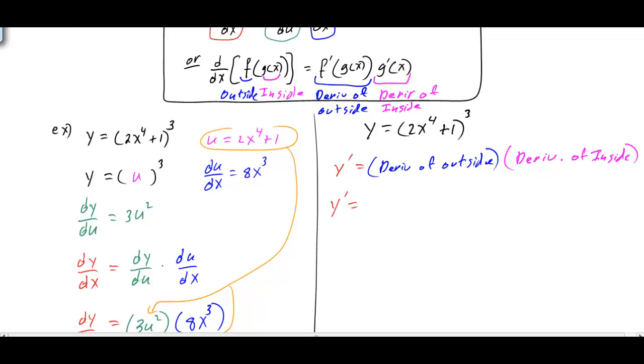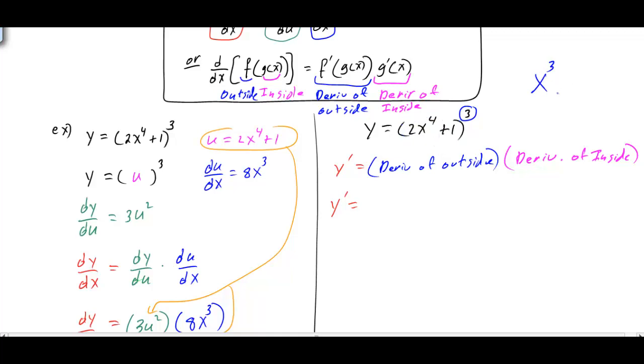So let's try that. Well, the derivative of the outside is the cube part. Basically, you're going to treat the inside like one giant variable. And that's why over here we use the letter u to represent that. So here, just treat this part, 2x to the fourth plus 1, as if you had x cubed.